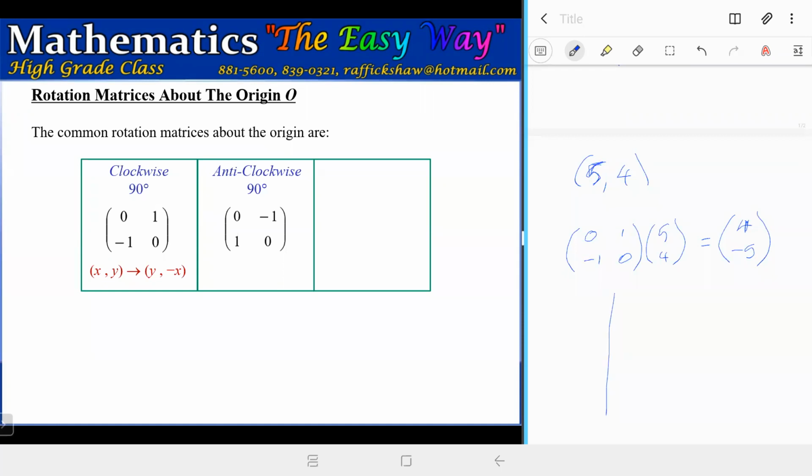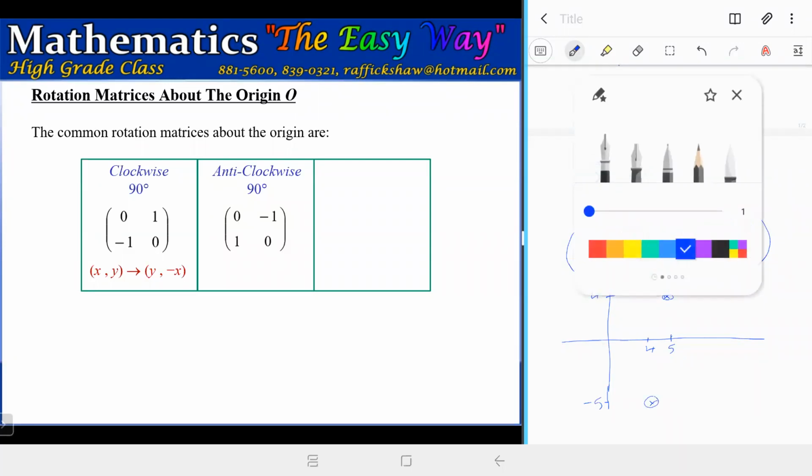So if I were to sketch it on a graph, my point (5, 4) is here. When I rotate it clockwise 90 degrees, it's going to come down to (4, -5). So it's coming down to here.